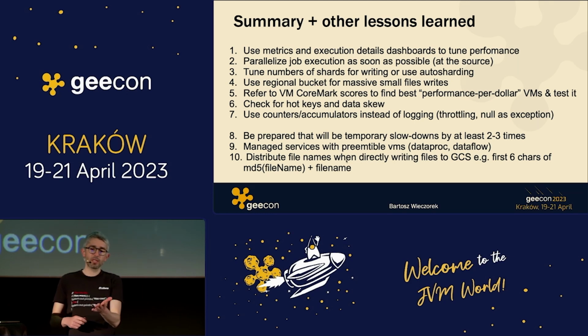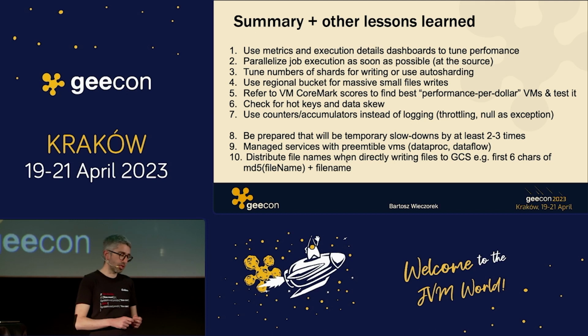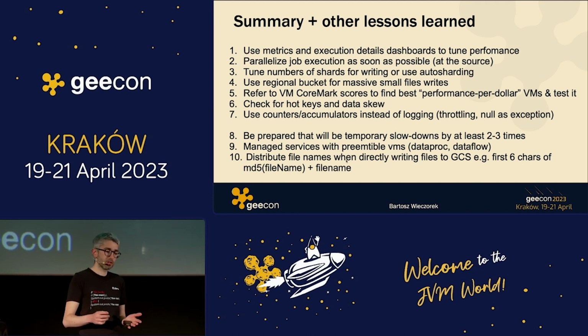So, for example, Dataproc is a cluster where you can run Spark, and you can set the default pool of machines and the secondary pool of machines where, if there are these preemptible machines, aka the spots, it will use them, but if they are not, it will run the normal ones.